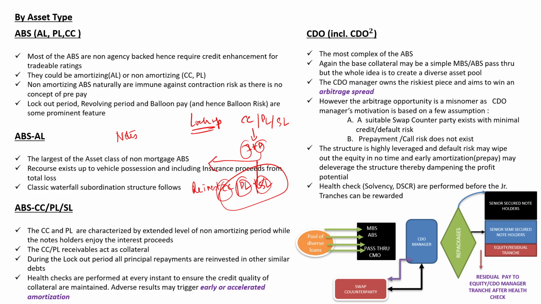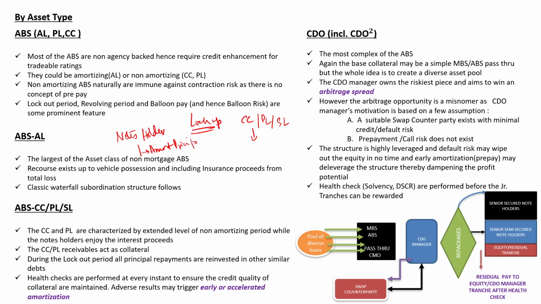So coming back to the point that I was making, the lockup period is there, the principal received from the credit card borrowers or the other unsecured loan borrowers is reinvested in similar kinds of assets. However, beyond the lockup period, the notes holder must be prepared to receive the amortized principal.